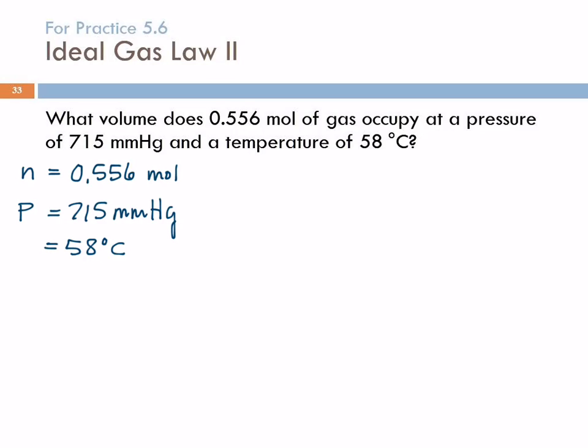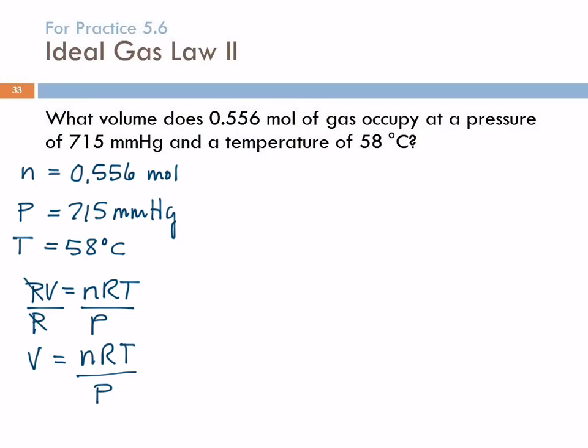And 58 degrees Celsius, that's a unit of temperature. Units are your friends. I'm finding volume. I need the ideal gas law, PV equals nRT. I need to get volume by itself, so this time I'm going to divide by pressure. Volume equals nRT over P.